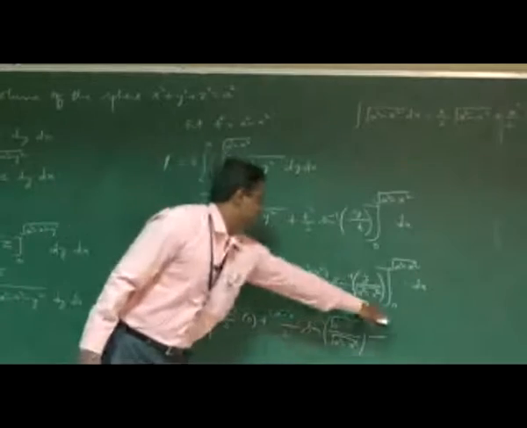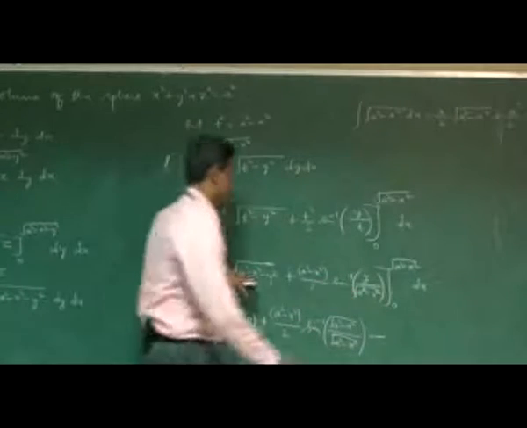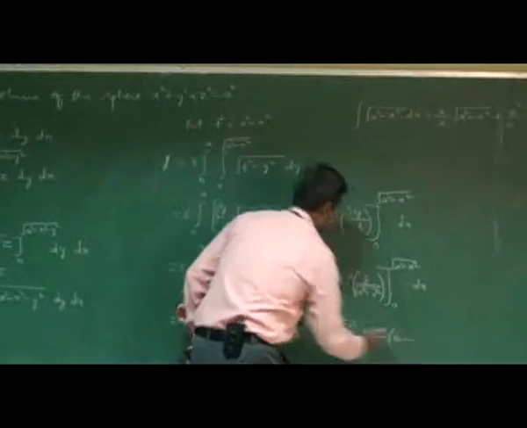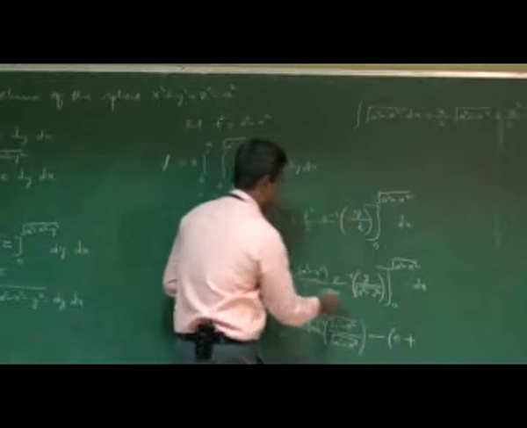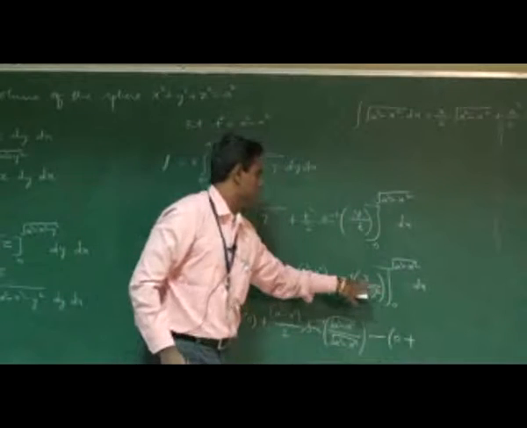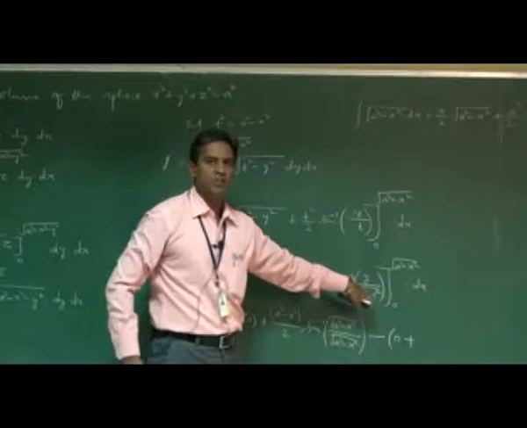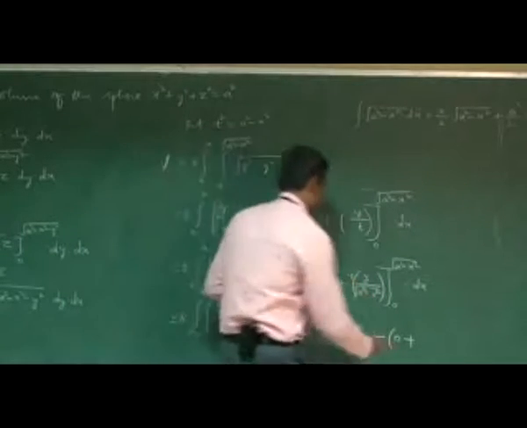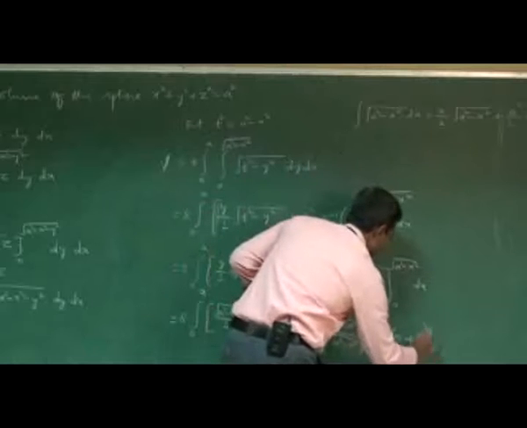The lower limit of y is 0, 0 into any value goes to 0, and we substitute y as 0; sine inverse of 0 is 0, so the second case is also 0.